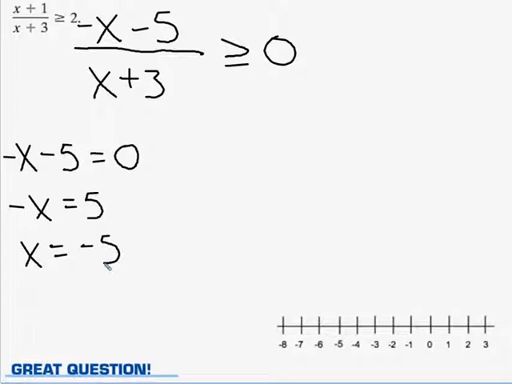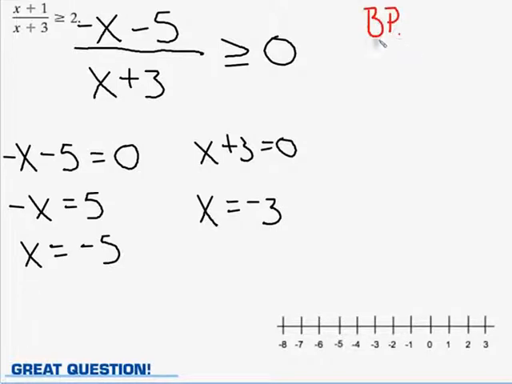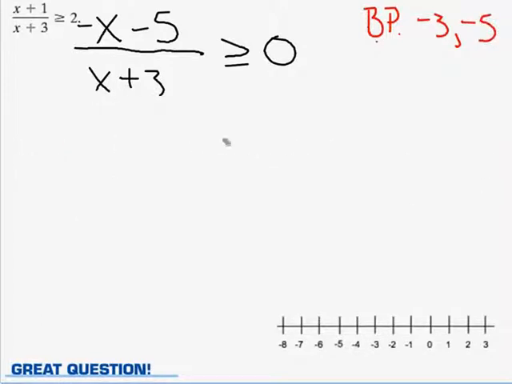Now set the denominator x plus 3 equal to 0. Subtract 3 from both sides. x is negative 3. So we have two boundary points, negative 3 and negative 5.